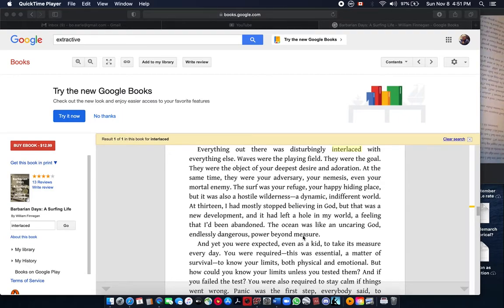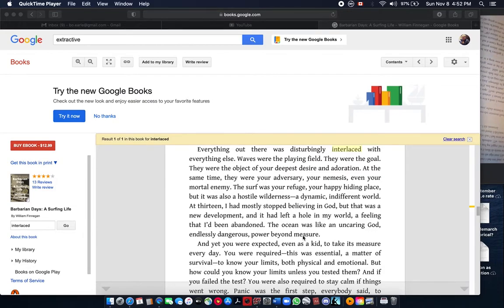This marginalization, this exploration of the boundaries of civilization, the exploration of what counts as barbaric, the excluded and delegitimized forms of cultural meaning.